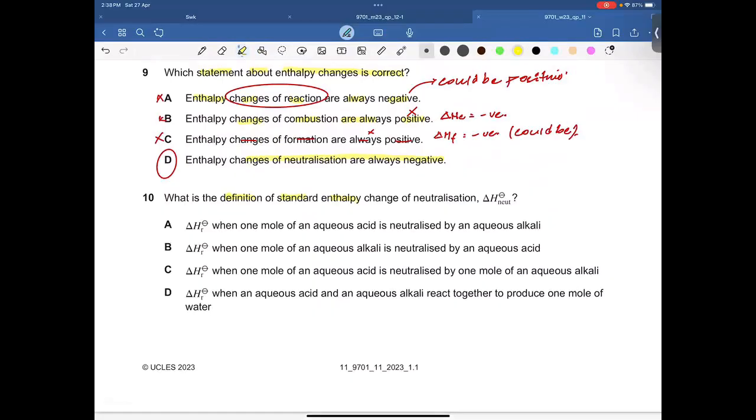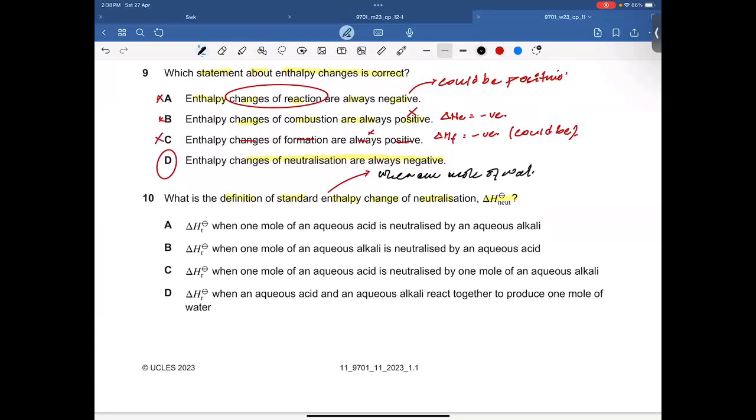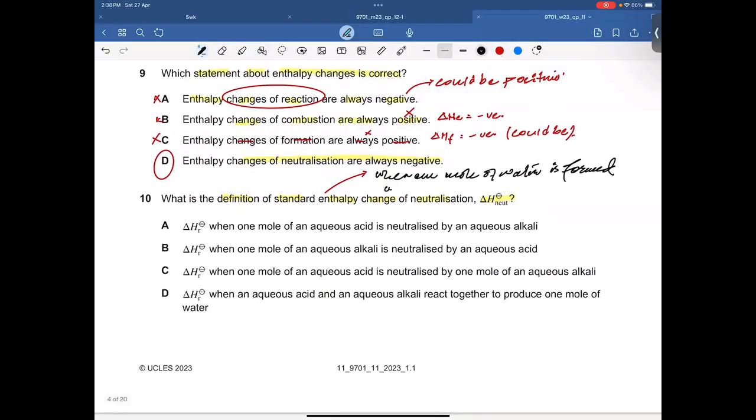What is the definition of standard enthalpy change of neutralization? Standard enthalpy change of neutralization, the definition. Definition is quite easy. Definition is, my bad, when 1 mole of water is formed when an aqueous acid and aqueous alkali react together.